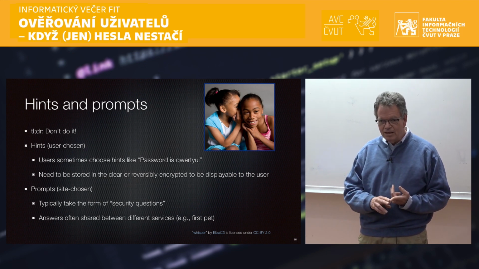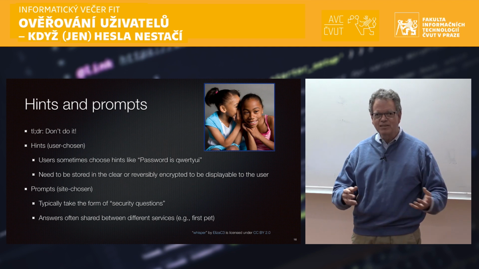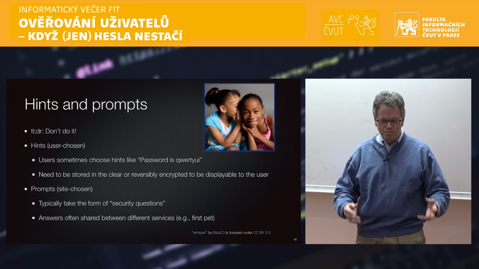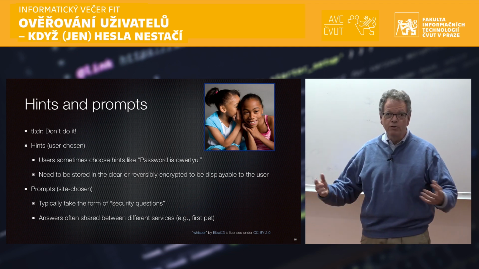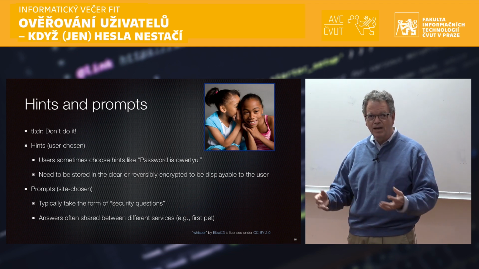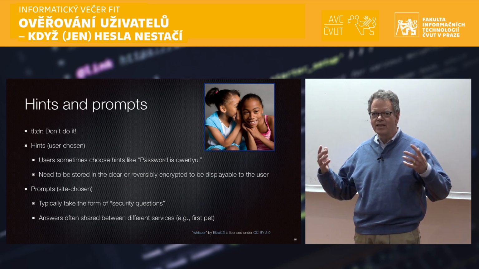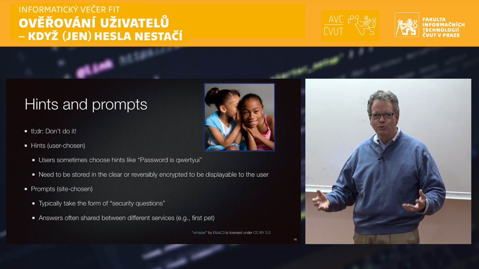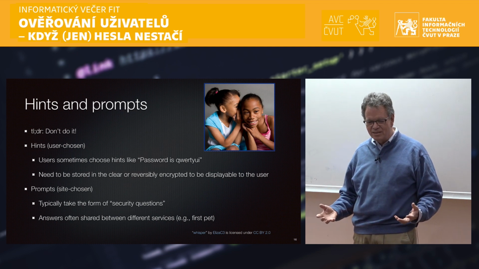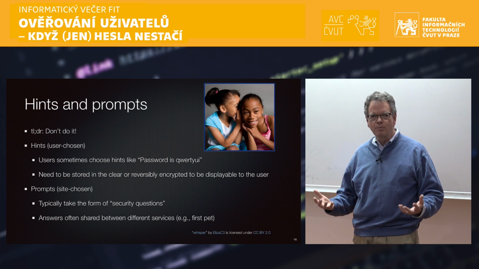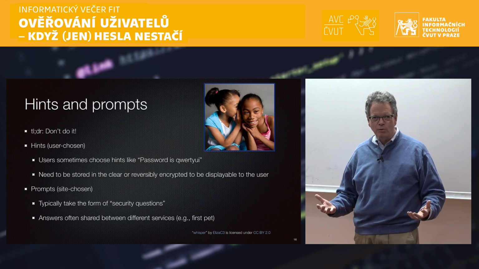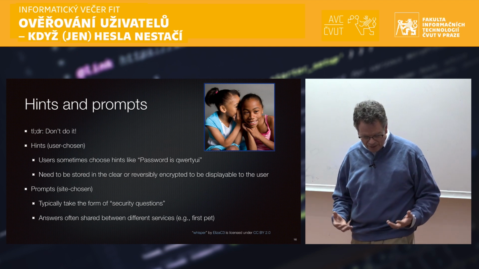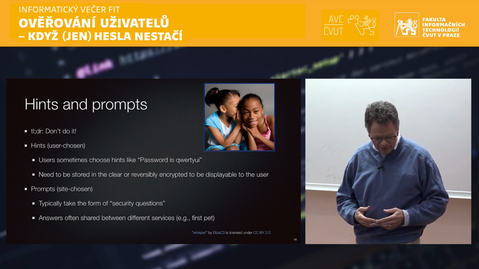And if there are 10 different sites that ask the name of your first pet and you put the same pet name there, you've now got 10 sites that had the same password. And that was the thing that I try and encourage my neighbors never to do. Don't use the same password on multiple sites. These security questions are typically just another password, except it's an easier to guess password. It's terrible. I don't know why they do that.